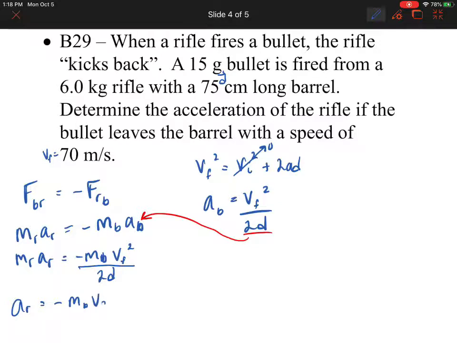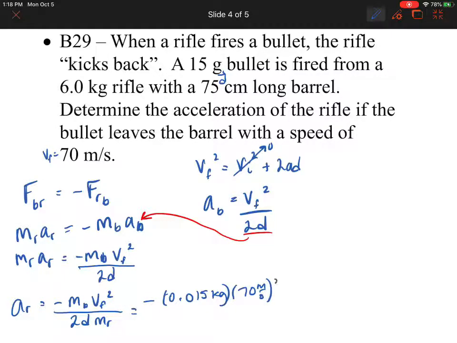So my final equation looks something like this. And I can plug in the numbers. Mass of the bullet, remember, is 15 grams. Divide that by 1,000, and that's 0.015 kilograms.